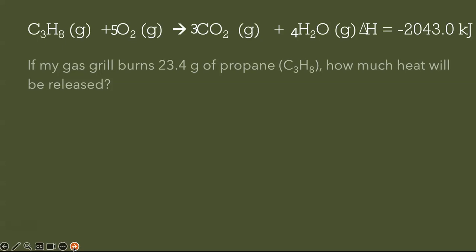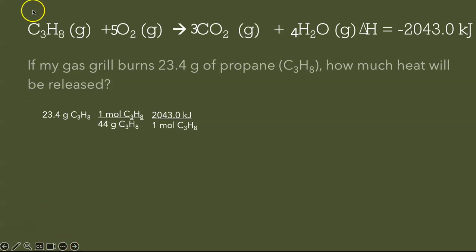All right, so how did you do? Hopefully you were thinking, okay, well, I know equations are written in terms of moles, and I've got 23.4 grams of propane. So first I converted my grams to moles using the molar mass. And then I went to my balanced chemical equation because I see 1 mole of propane equals that quantity of energy, negative 2043 kilojoules.